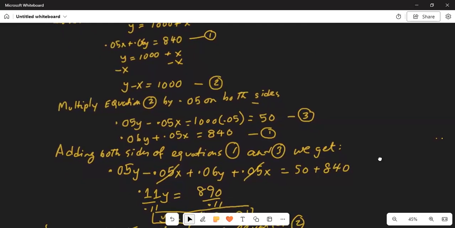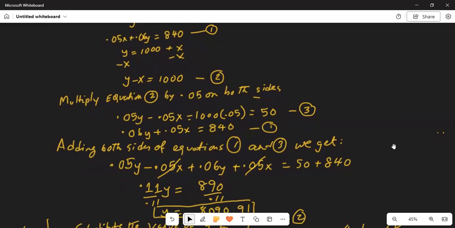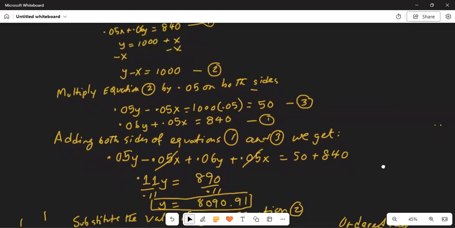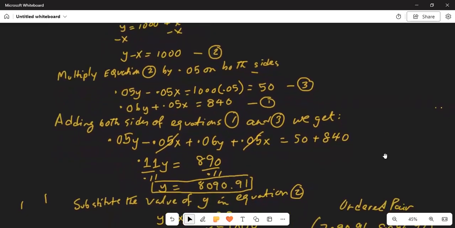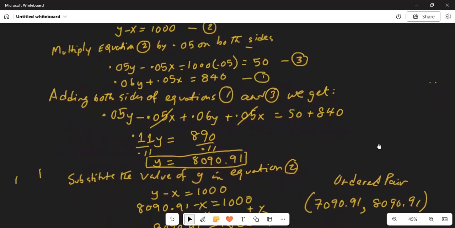Now, if you just add 1 and 3, you get 0.05y plus 0.06y, because x terms cancel on the left-hand side, is, we add the constant values on the right-hand side, which is 840 plus 50, 890. So 0.11y is 890, divide by 0.11 on both sides to get y is equal to 8090.91. And then since y minus x is equal to 1000, 8090.91 minus x is 1000.